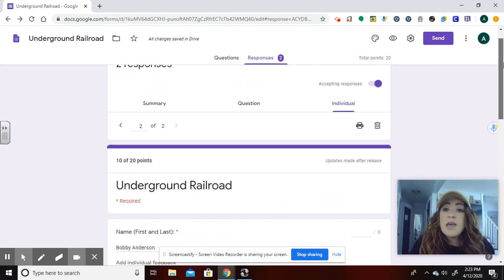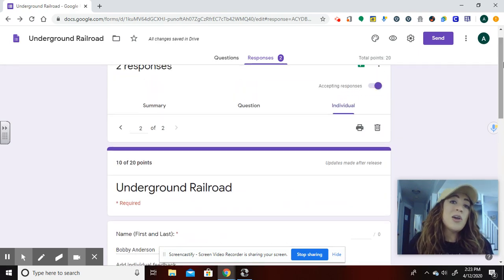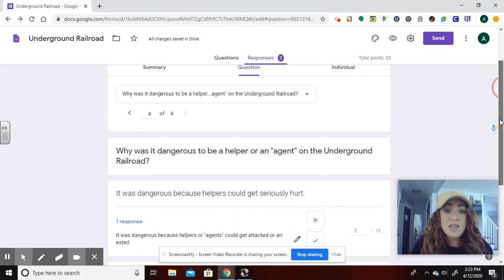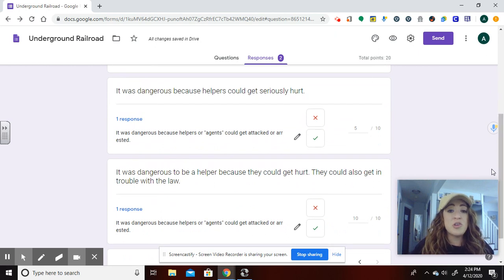And this is the way that I go about grading, again using the question view when you're going for your short answers. Whenever you take that extra minute at the beginning to add in answer feedback, it's not because Google Forms is going to automatically grade and tell students it's not correct if they don't have your exact words.